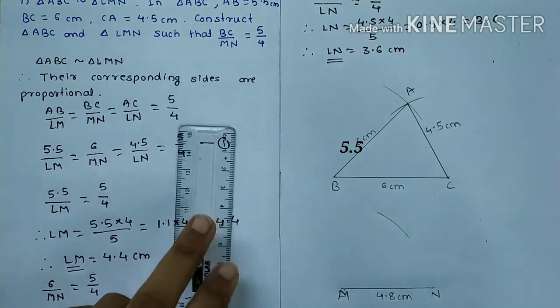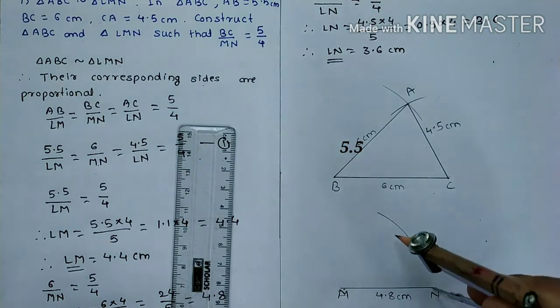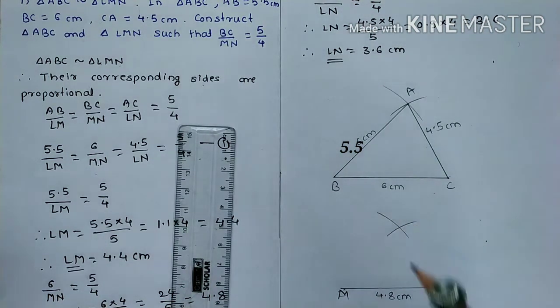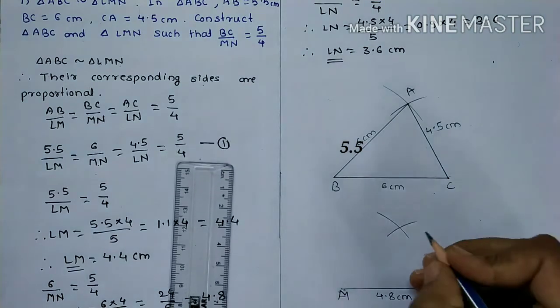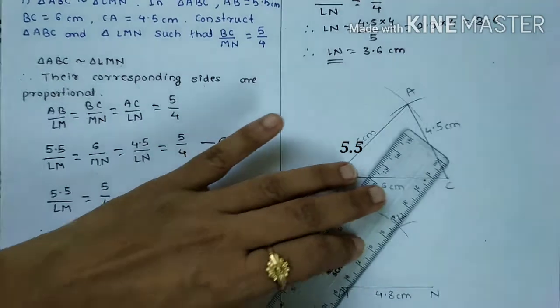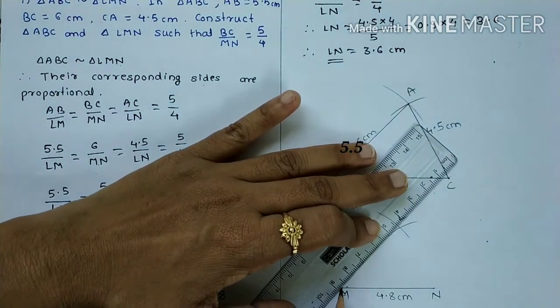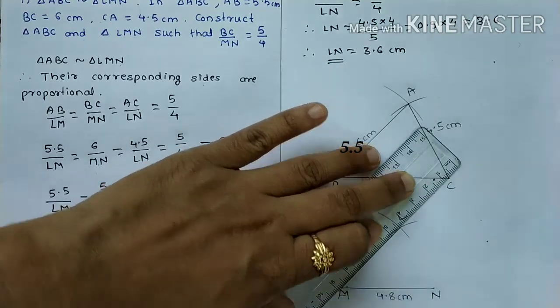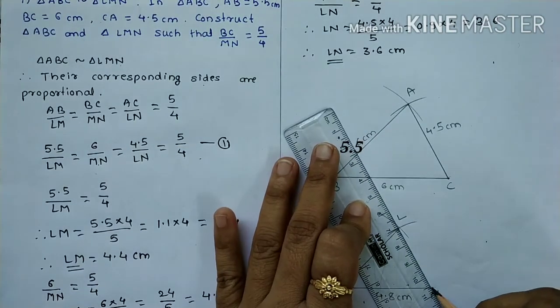Okay. So now cut an arc from point N. This point of intersection is L. Now join L and M. Okay, and L and N.